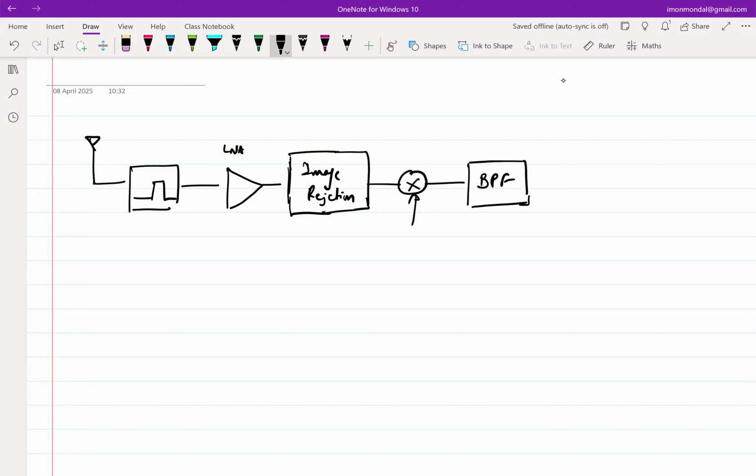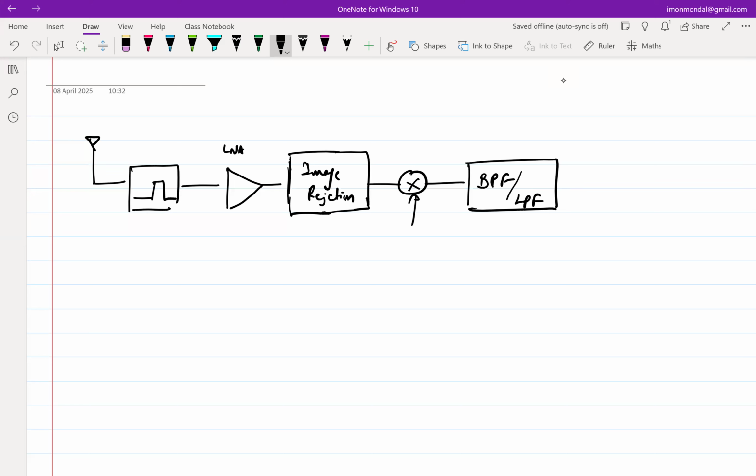Why do I say band pass filter or a low pass filter? Any comments on why I say band pass filter also? Right. So here, if you have image rejection, which means this is a super heterodyne receiver, right?